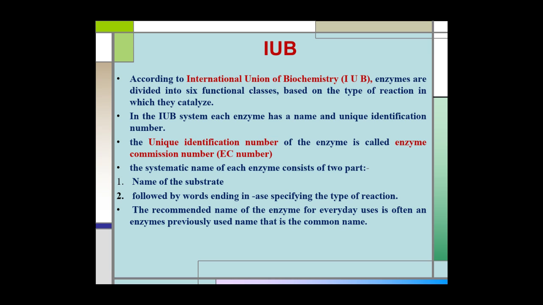The second part ends with the "ase" suffix and it specifies the type of the reaction which the particular enzyme catalyzes. The recommended name of an enzyme for everyday use is often the enzyme's previously used name, that is the common name.